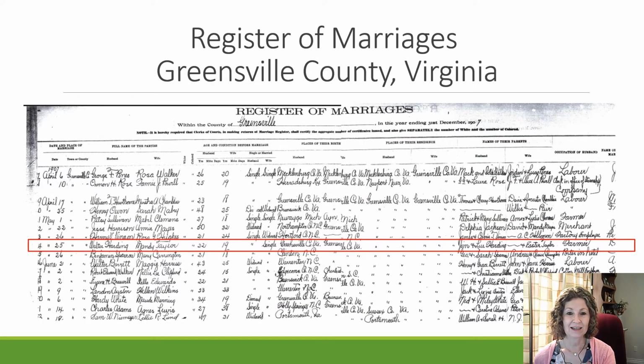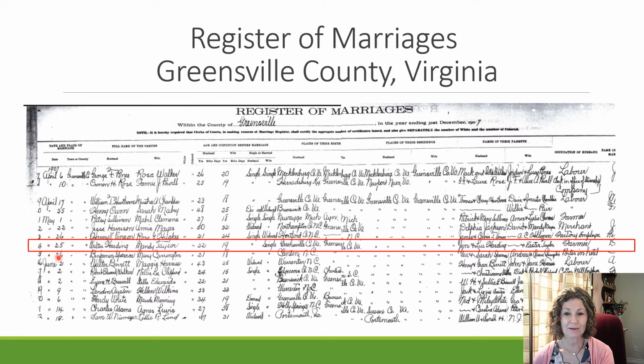So here is one of the copies that our study group member shared with me, and you can see it's a register of marriages from the county of Greensville in Virginia, and I'm just using this particular entry for our demonstration here. And so we have Walter Harding and Mandy Taylor being married on April 25th, 1907.